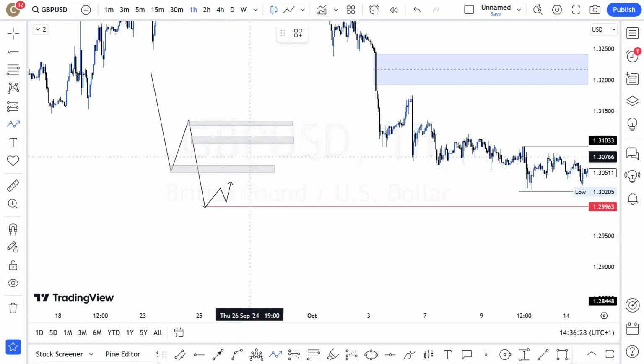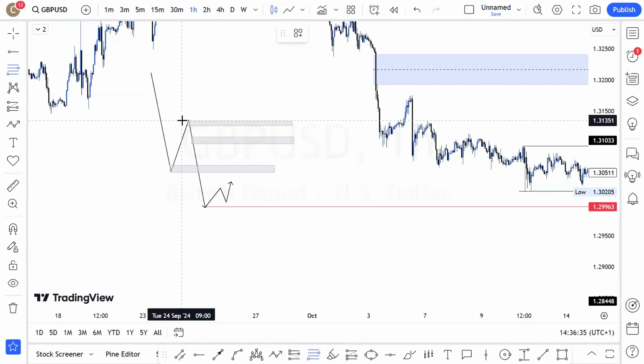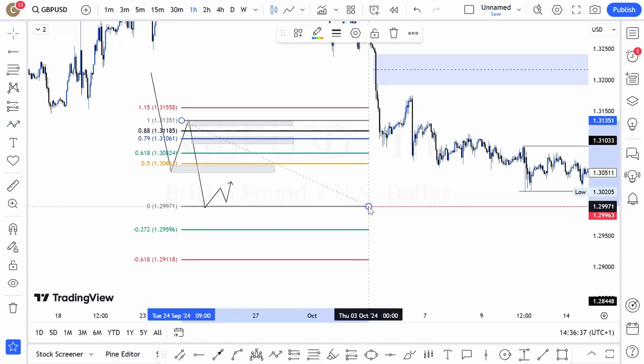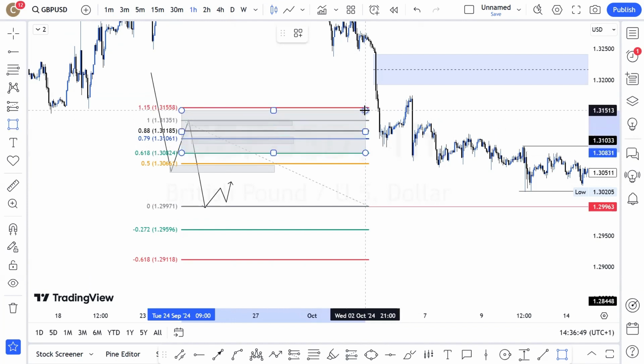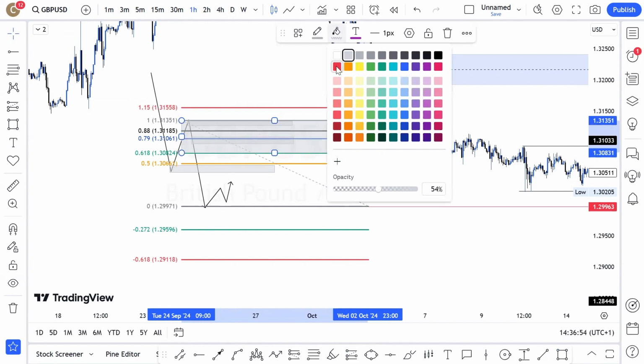If I use my Fibonacci, I know that this market is bearish and they say we should sell at premium zone. Premium zone is the zone above 50%. So I should be looking for selling opportunity from 618 upwards. That's where I want to sell from.